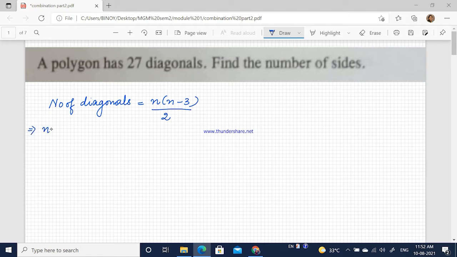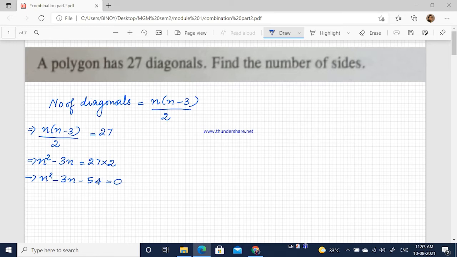Substituting, n into n minus 3 by 2 is equal to 27, which is given in the question. I am going to convert this into the form of a quadratic, that is n square minus 3n is equal to 27 into 2, which is nothing but n square minus 3n minus 54 equals 0.